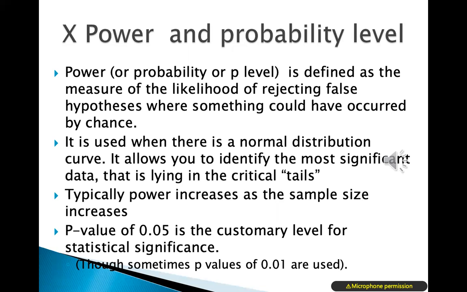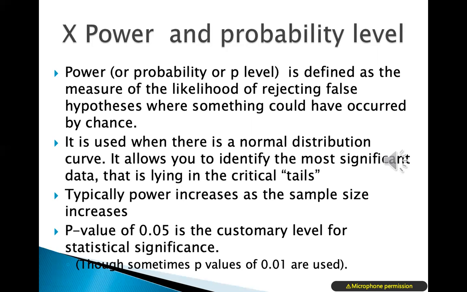The p-value or the probability level is defined as the measure of the likelihood of rejecting a false hypothesis. Again, this entire PowerPoint has been all about making sure that we reject false claims that could have been there because bias was introduced in the design, the implementation, or the analysis of the data.